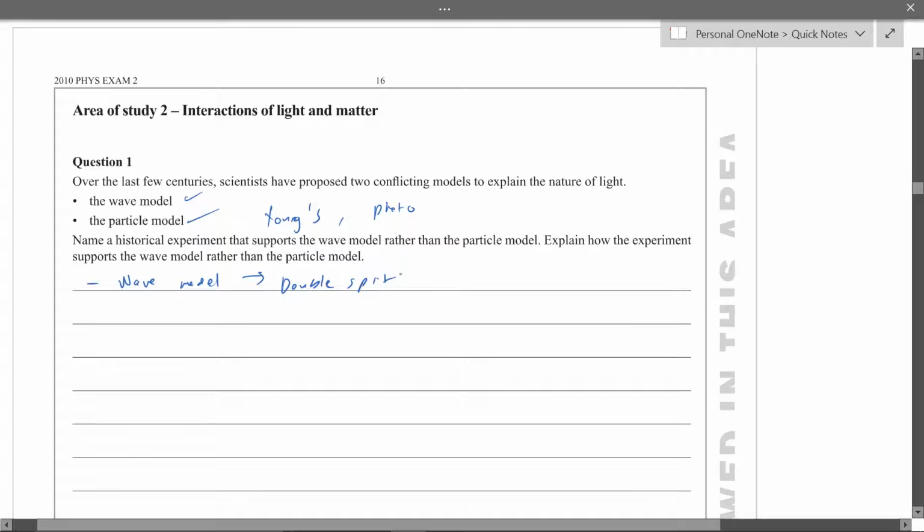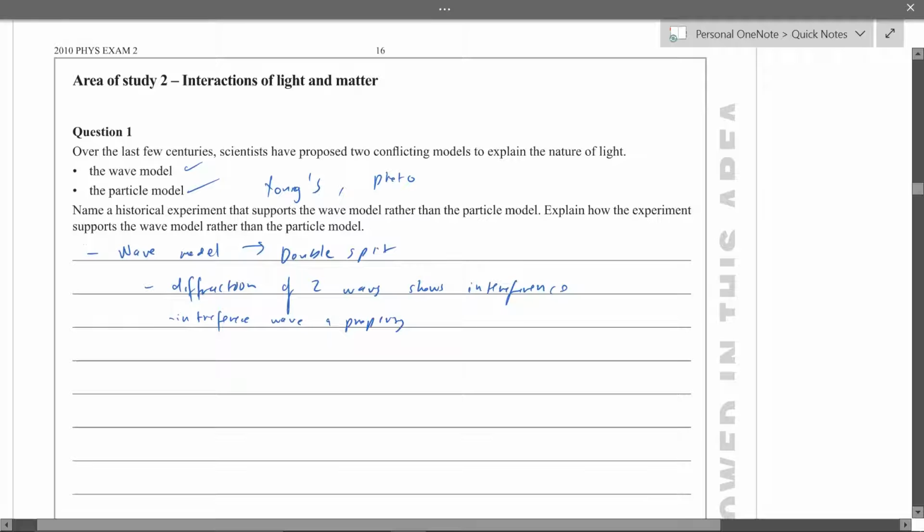And I said diffraction of 2 waves from the slits shows interference, and then I said interference was a wave property. I put more detail into it.